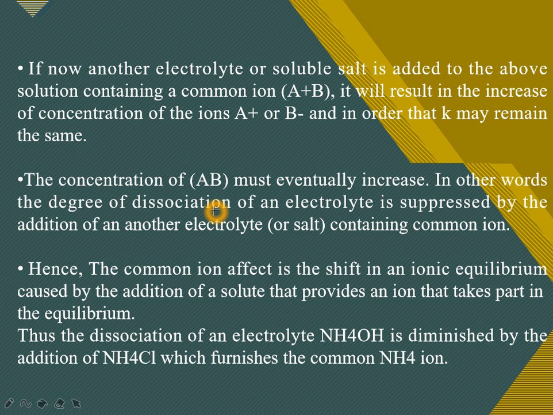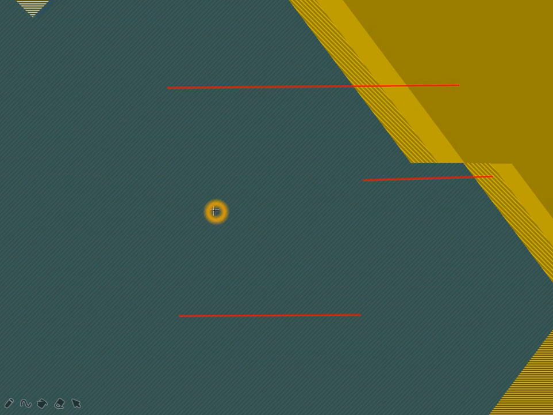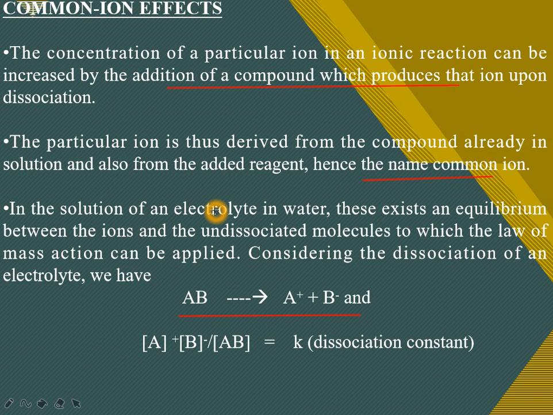From the above reaction, AB dissociates to give A plus and B minus, and we are additionally adding an electrolyte that has A plus or B minus, which results in an automatic increase in the concentration of A plus and B minus ions. As their concentrations increase, there is no need for AB to dissociate to give A plus and B minus, and hence the dissociation of AB will stop.